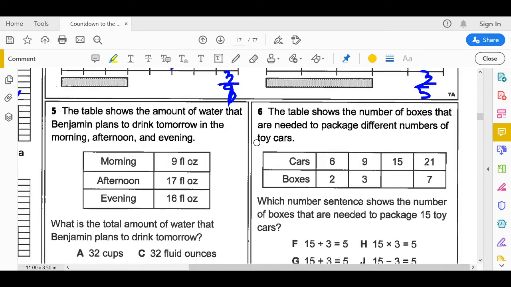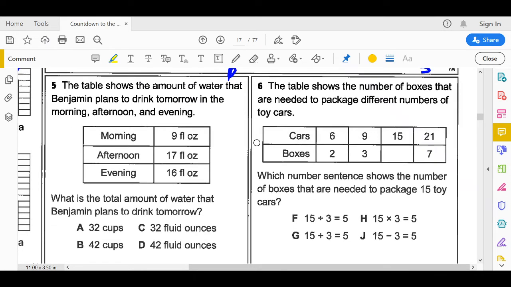Let's move to number 5. Number 5 right here. The table shows the amount of water that Benjamin plans to drink tomorrow in the morning, afternoon, and evening. So we can see the table there. In the morning, 9 fluid ounces.